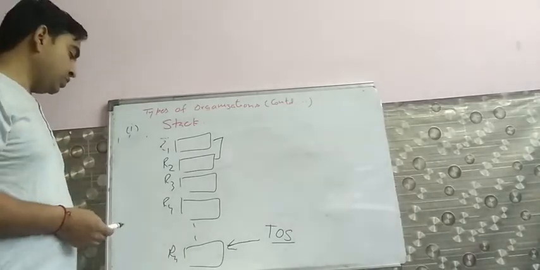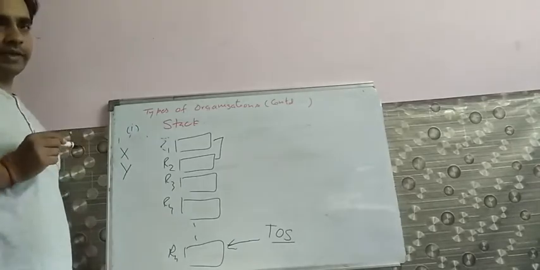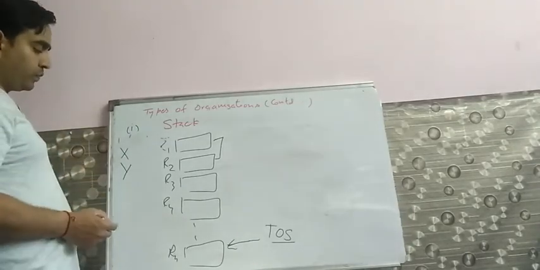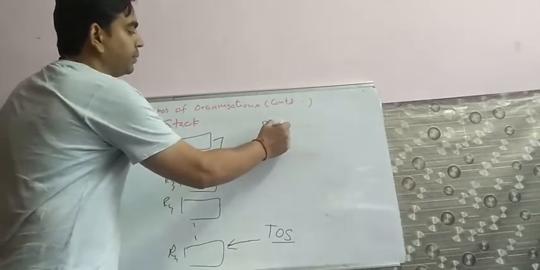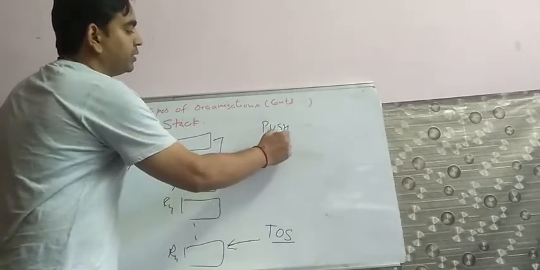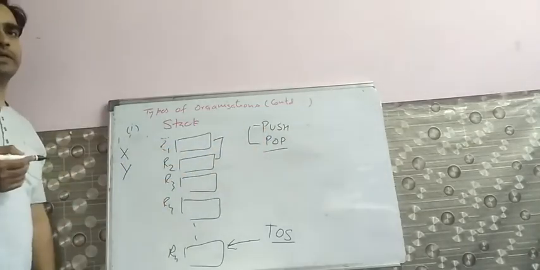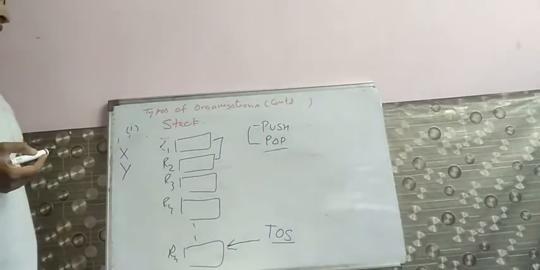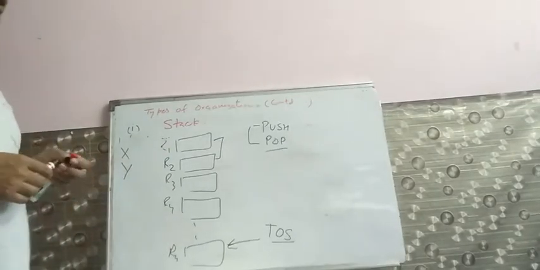Suppose we want to sum the content of 2 registers X and Y. This stack organization will be having 2 basic operations: one is push, one is pop. As we have already seen these operations in data structures, push means pushing the contents into the stack, and popping means taking the content from the stack.